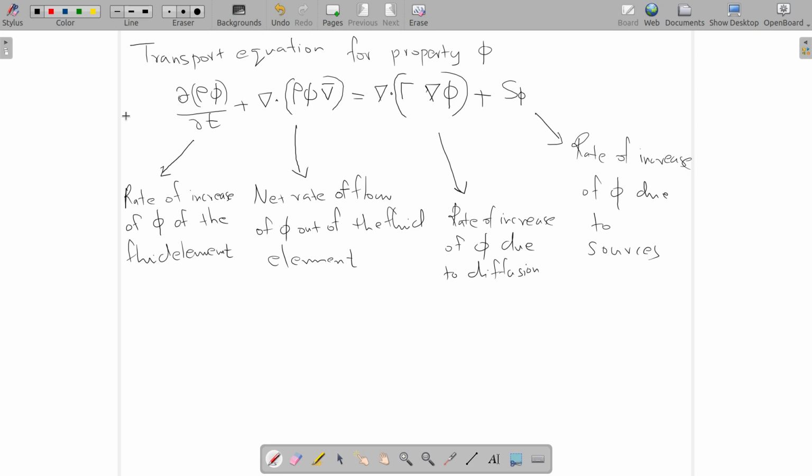So in finite volume method, it is important to integrate this term over a control volume.